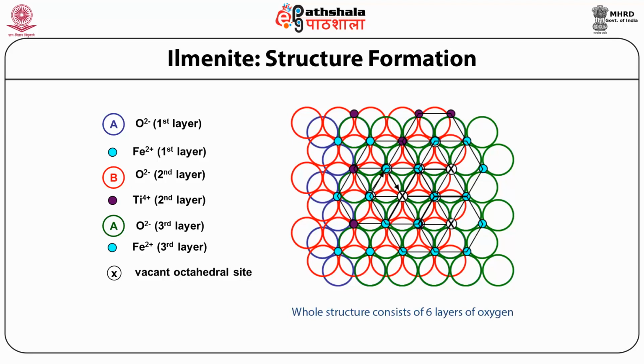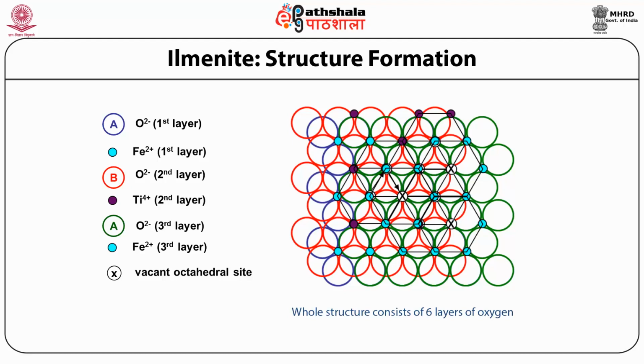Then the second layer is formed over the first layer by filling the voids of the A layer. The second layer is formed by B circle atoms and the violet colored small atoms, that is titanium and O2 minus. Similarly, the third layer is formed over the first and second, filling the voids of them.